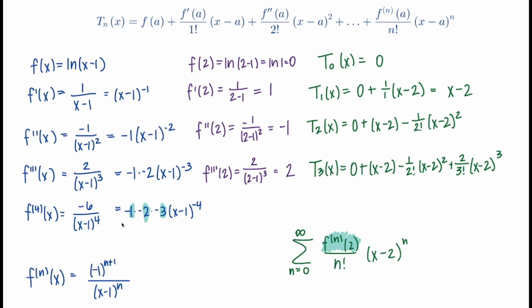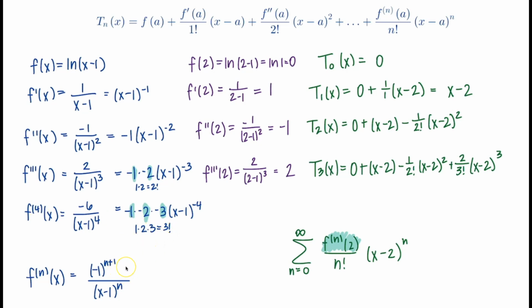So again, just focusing on the numbers, not the signs. So 1 times 2 times 3 is 3 factorial. And look at the previous one. If I ignore the signs and I just focus on 1 times 2, that's 2 factorial. So the pattern is that the order of the derivative that we're taking, we do 1 less than that factorial.